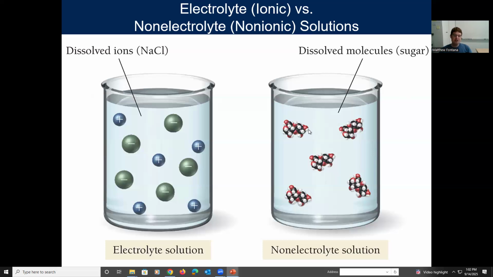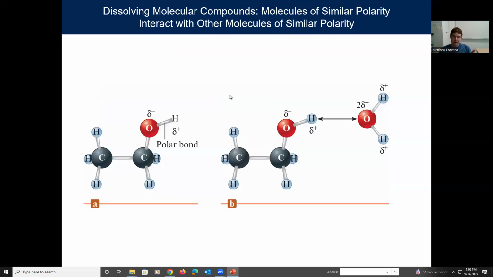Those are all oxygen-hydrogen bonds, and they give more polar character to the molecule. The more polar it is, the better it's going to dissolve in water because, like we talked about, polar molecules like to interact and mix with one another.